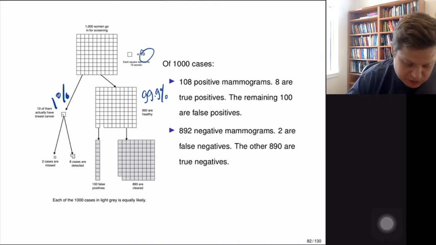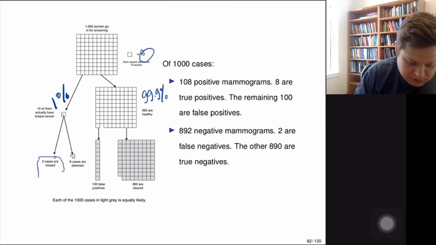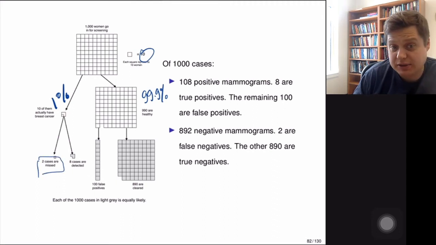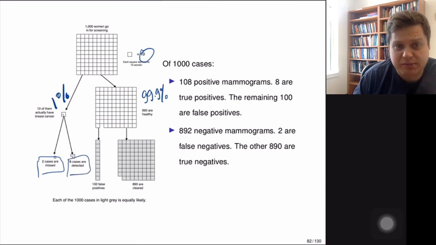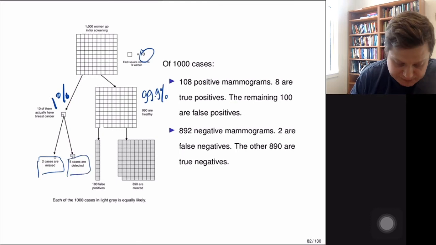Now, among those people who actually have breast cancer, 2 of them will be missed, because you remember the test is 80% accurate, meaning that it will miss 20% of the people. So in 2 of the cases they will not be labeled correctly as people who have cancer. And 8 other cases will be correctly labeled by the test as people who have cancer.